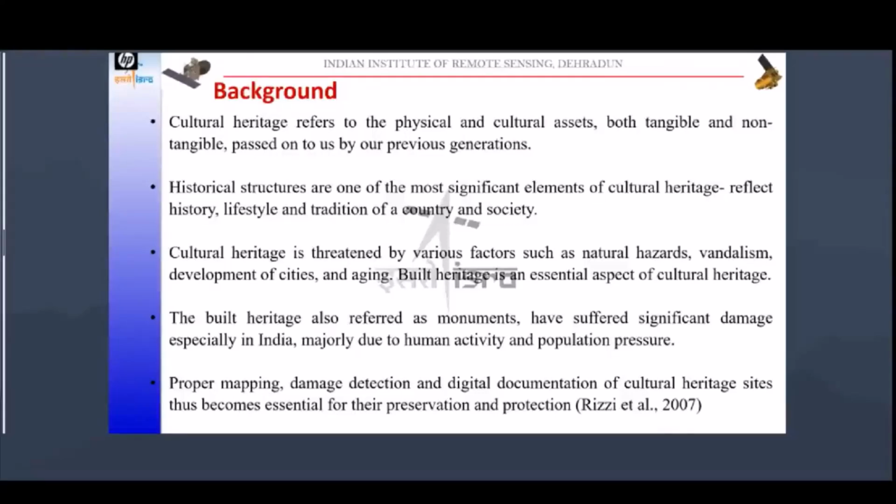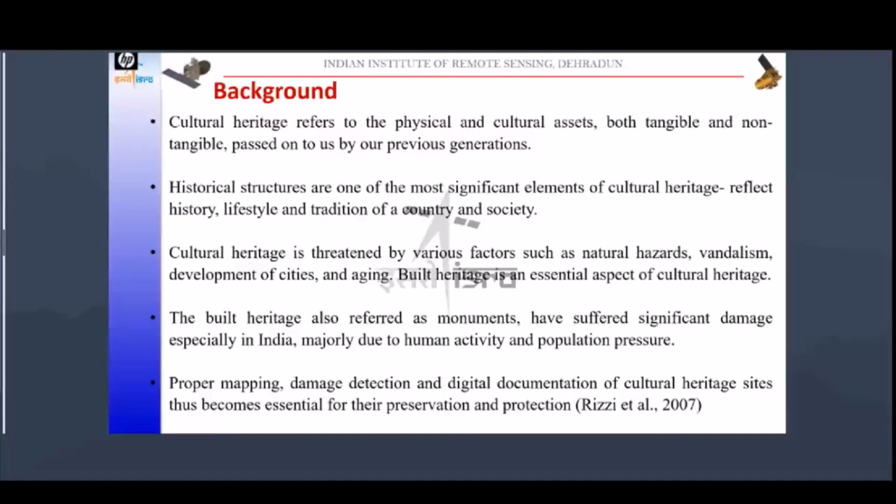Cultural heritage is threatened by various factors. That is why documentation becomes so important. And finally, after documentation, we can do damage assessment of these built heritage structures.